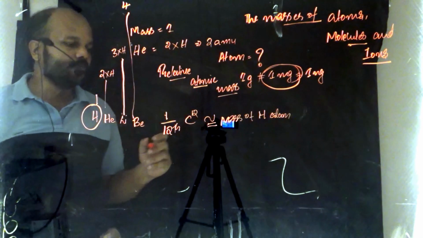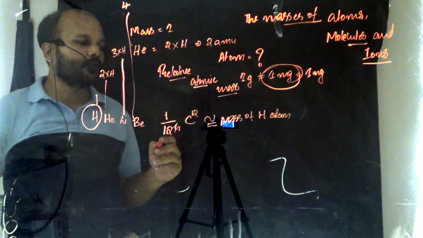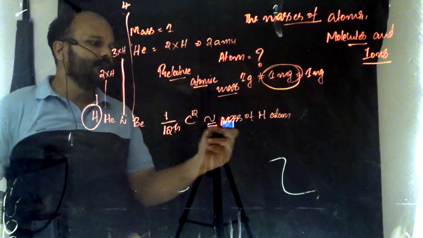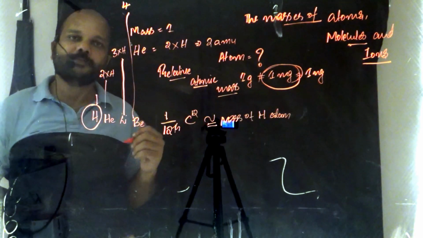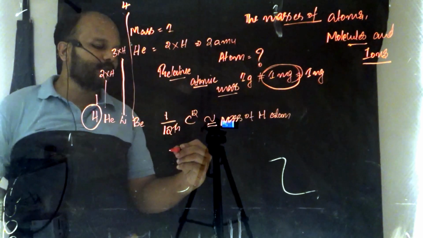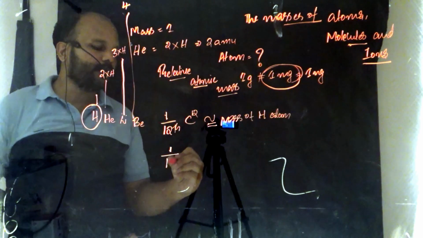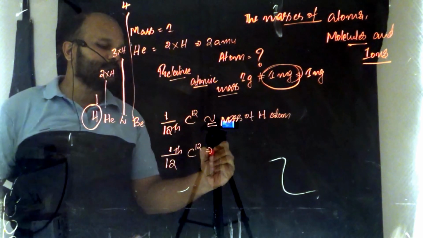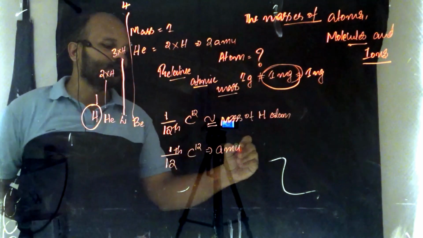So 1/12 of the mass of carbon 12, the scientists have put it as the atomic mass unit.